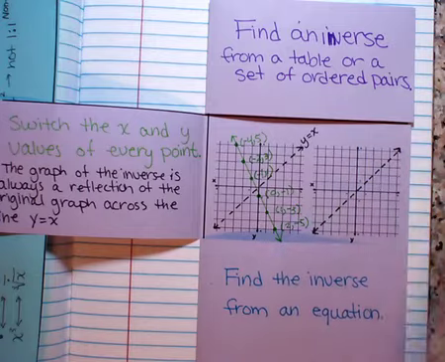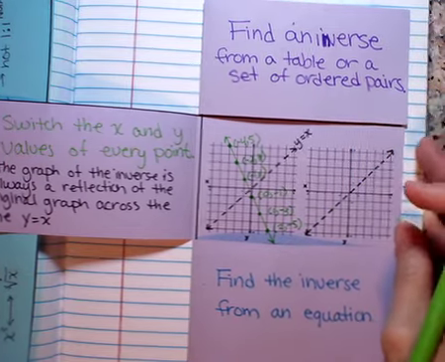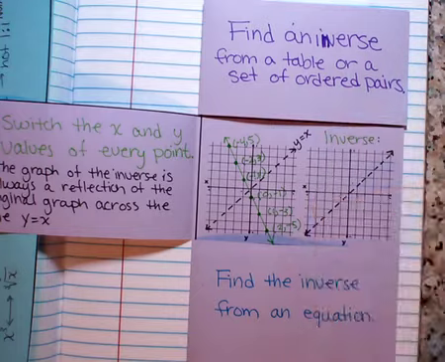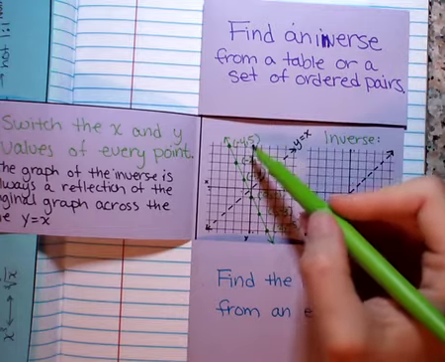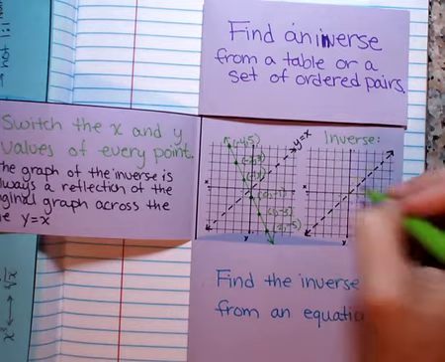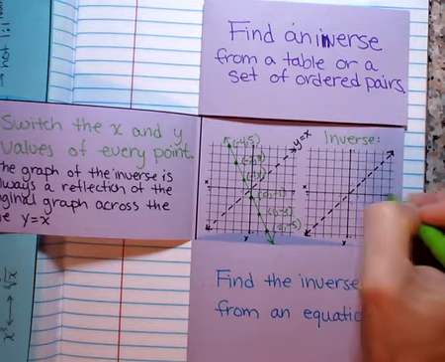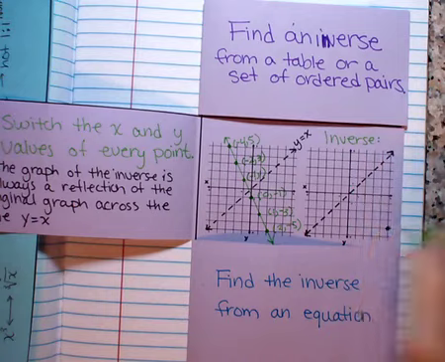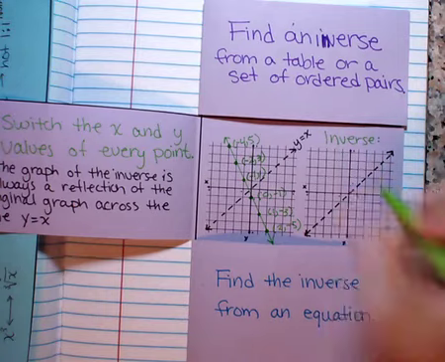So when we come over onto our inverse graph, we're going to switch the x and y values for every point. So this point would become 5, negative 4. And this point would become 3, negative 2.